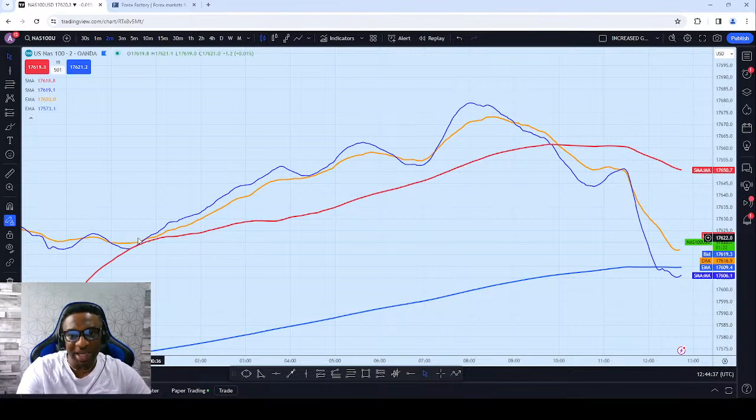Where is price coming from in relation to the 20 moving average and the 200 moving average? The blue line, which is here, the 20 moving average, is what we use to determine the trend.